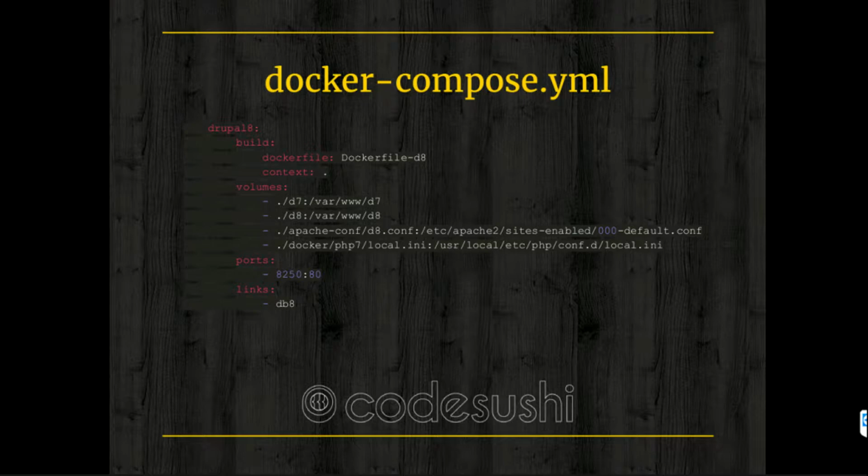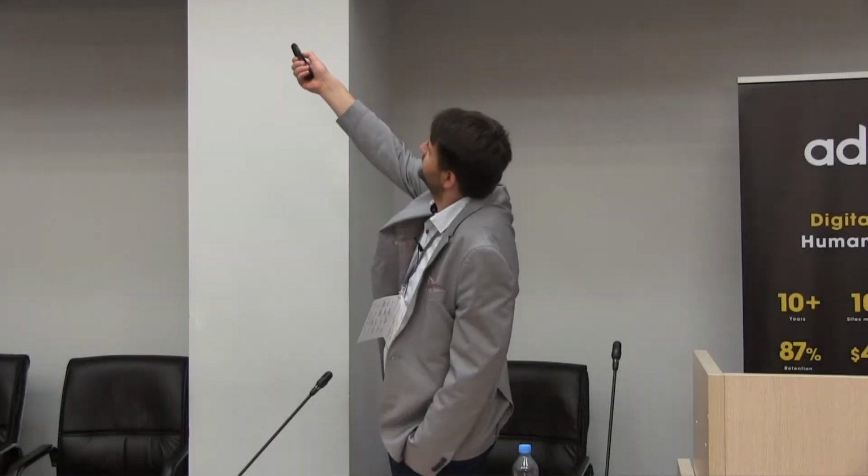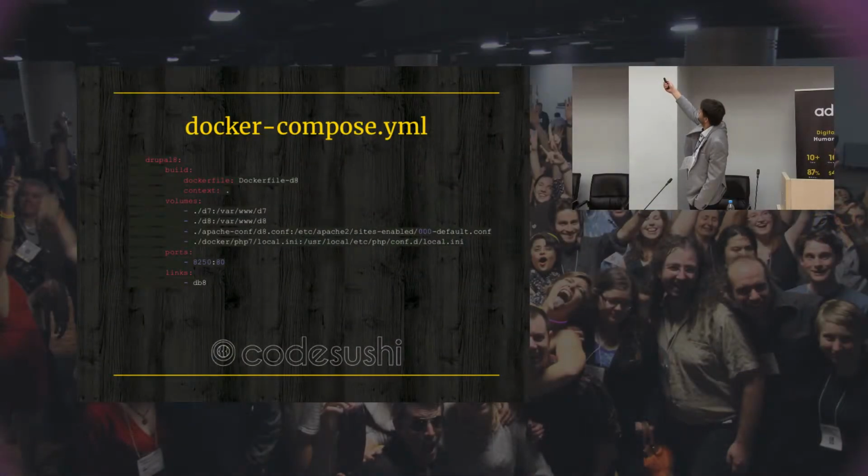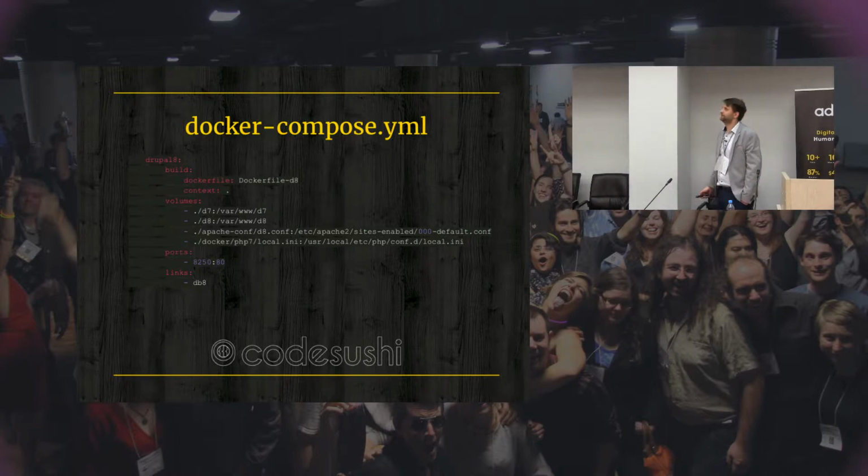We then mount it as /var/www/d7, and by analogy d8 as /var/www/d8. This part is on the container, and this is the Apache configuration, so we can easily make any changes to Apache, and as well to php.ini.